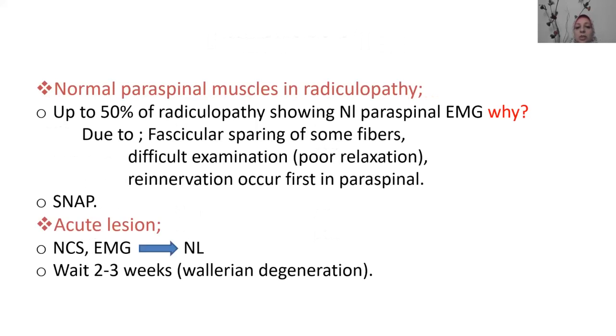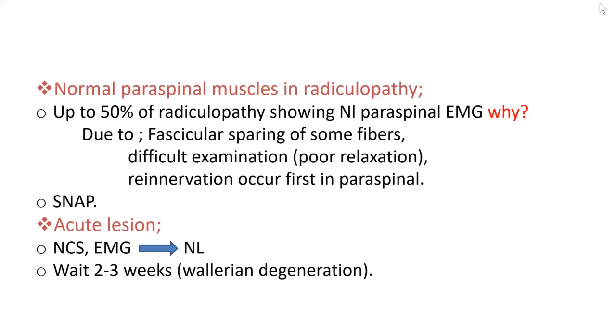The second limitation is that normal paraspinal muscles don't exclude radiculopathy, as up to 50% of radiculopathy patients show normal EMG of the paraspinal muscles. The cause may be fascicular sparing of some fibers, so the paraspinal muscles may be spared. Another cause is difficult examination of the lumbar paraspinal muscles due to poor relaxation, so we will miss signs of denervation.